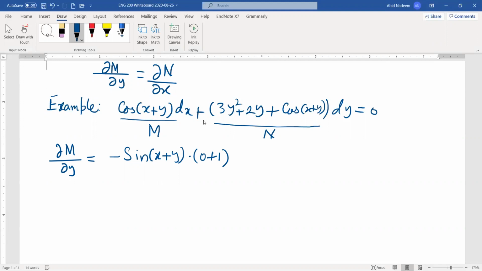So 0 plus 1, and that gives minus sine of (x plus y).